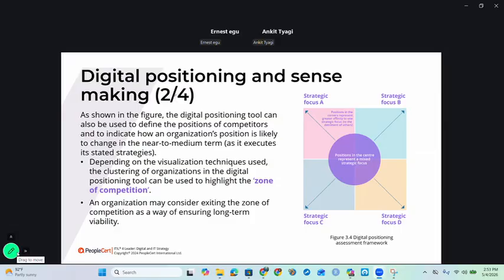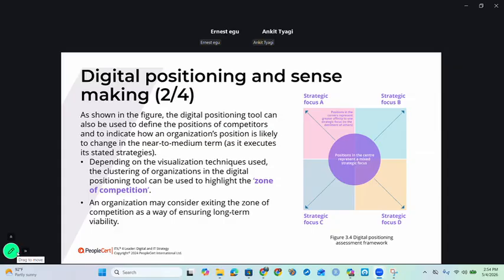Depending upon the visualization techniques used, the clustering of organizations in a digital positioning tool can be used to highlight the zone of competition. We can always identify who are the most important competitors that we have when we position those competitors as well. An organization may consider exiting the zone of competition as a way to ensure long-term viability.